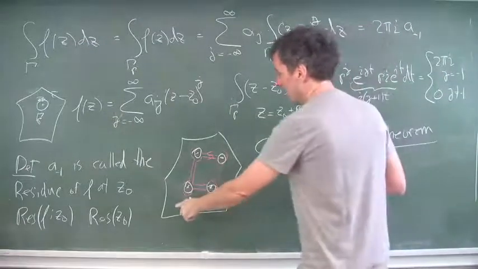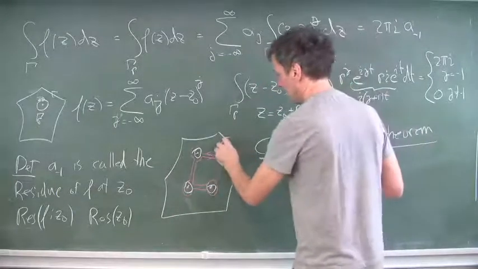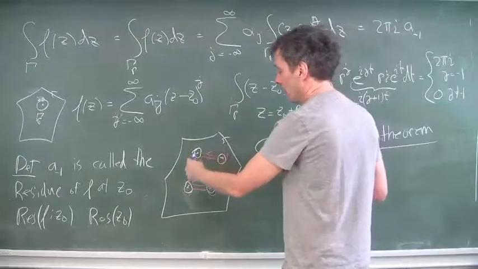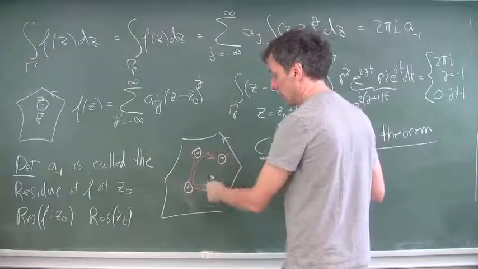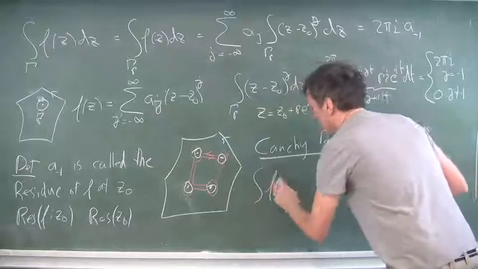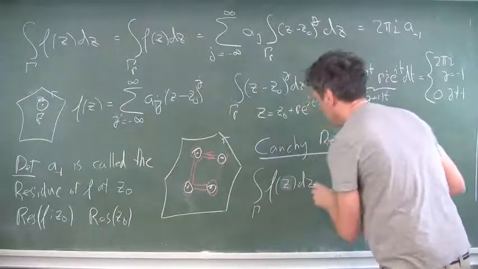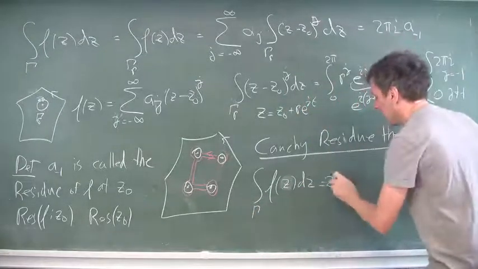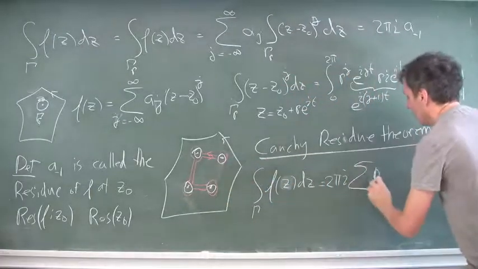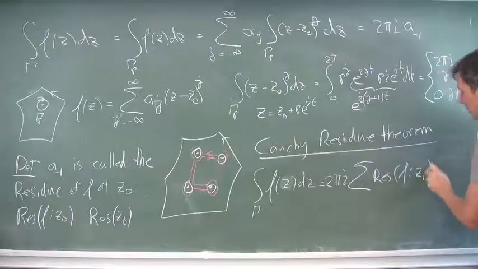Which states then that if we have a closed contour like this, with orientation in this direction, and we have an analytic function which has just a finite number of singularities inside the contour, then the integral of f of z dz over the contour is just 2 pi i times the sum of the residues of the function f at these singularities.